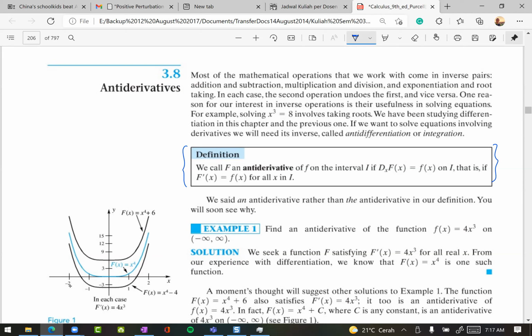Okay, so you have a process here, differentiations, call it diff. Given f here, you need to find capital F here. So when you feed this capital F into the process, you end up with small f. Okay, so this is called the antiderivative.